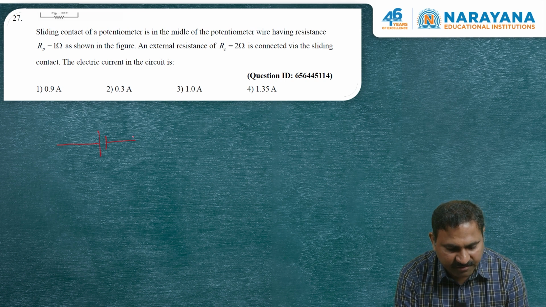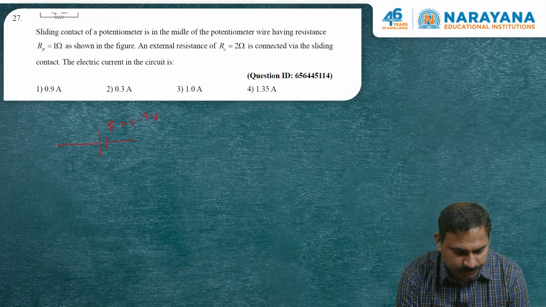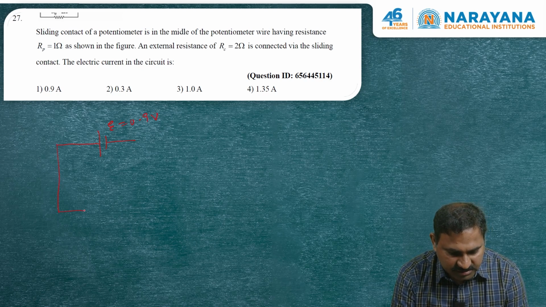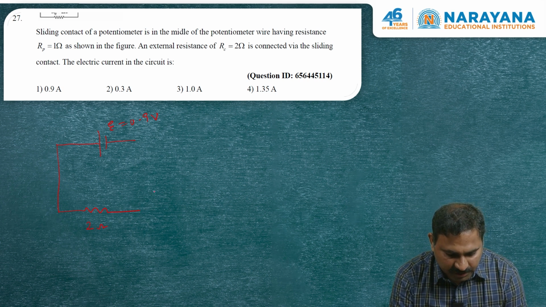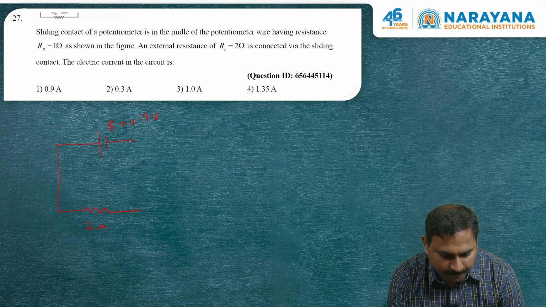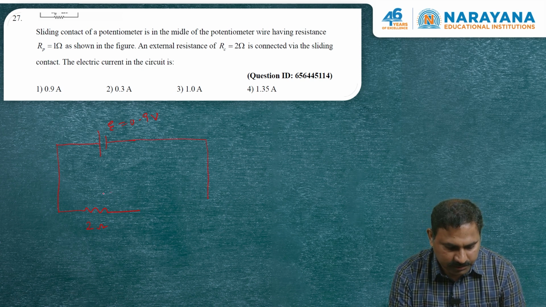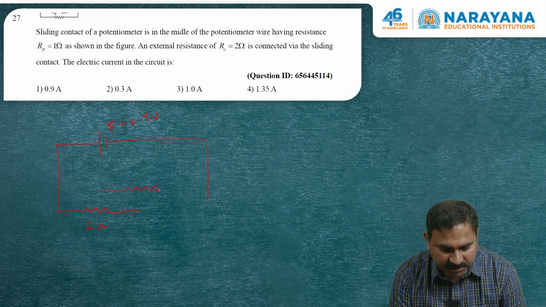Actually here it is given a source of EMF 0.9 volt and an external resistor of resistance 2 ohm which is connected to the potentiometer wire. The diagram is missing here, I think it is like this.